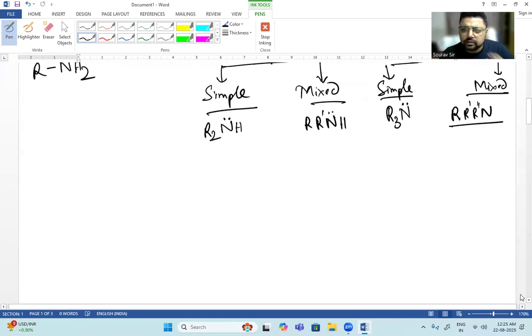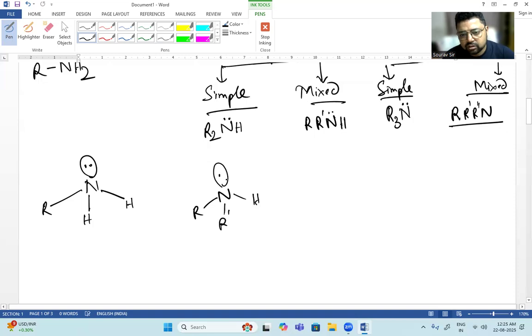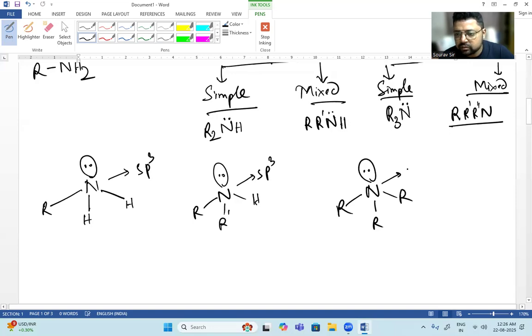Let us understand in more depth the structure of an aliphatic amine. So we have just drawn this structure. Regardless of whether it is R dash H, or RRR, a tertiary amine, anything, we can see that all the nitrogens are sp3 hybridized, that is, they are tetrahedral structures.